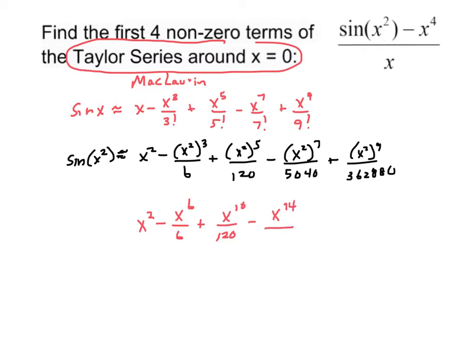And it had said only 4 terms, so I'm going to stop there. I don't think I need more terms. And then I'm going to subtract out x to the 4th and divide everything by x.